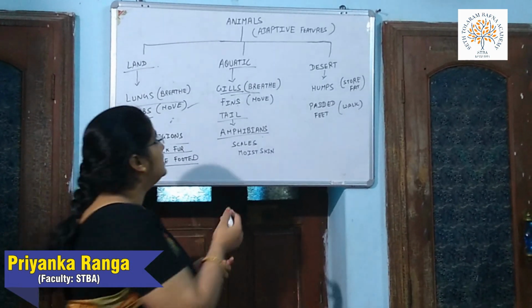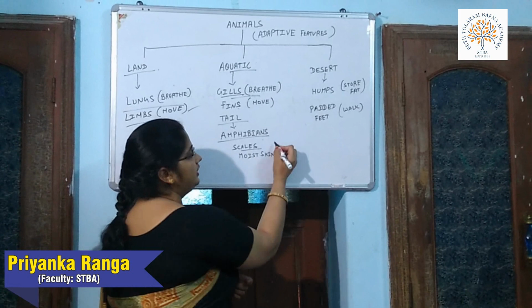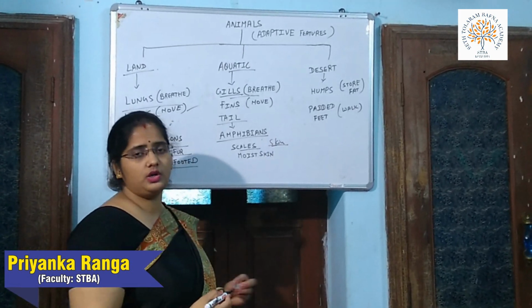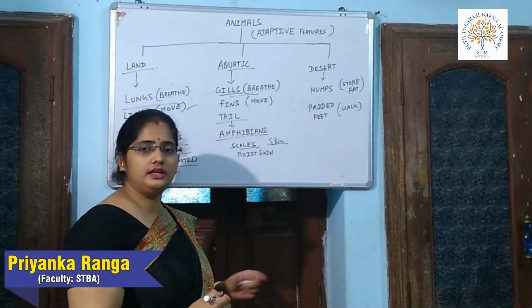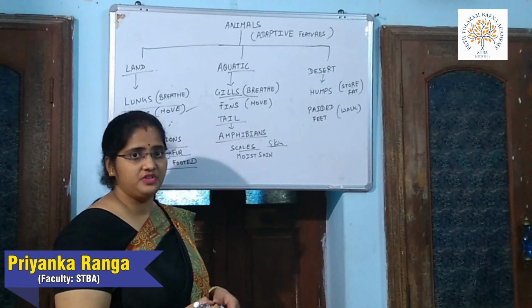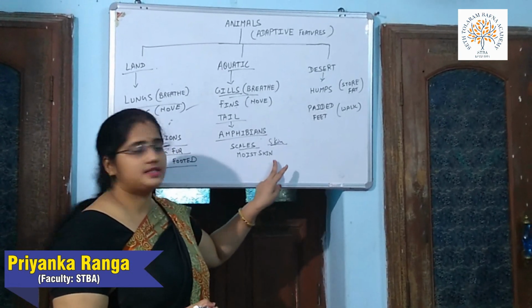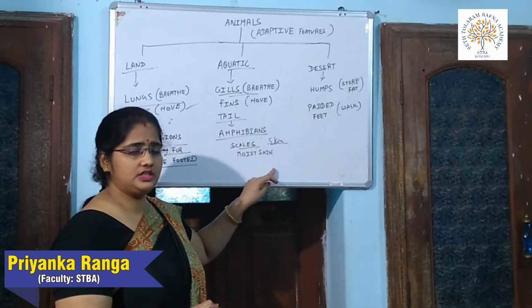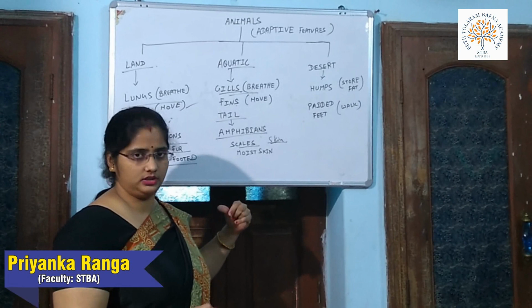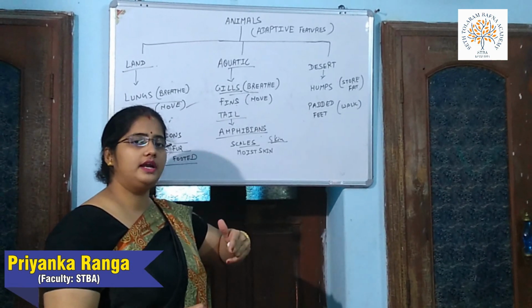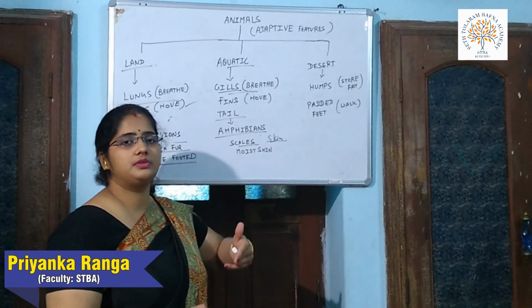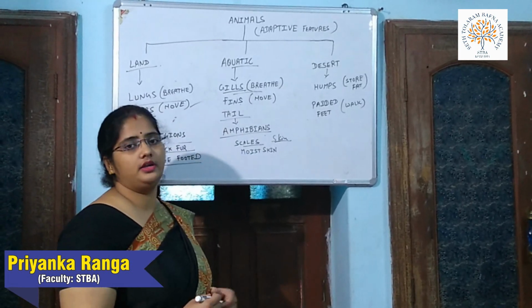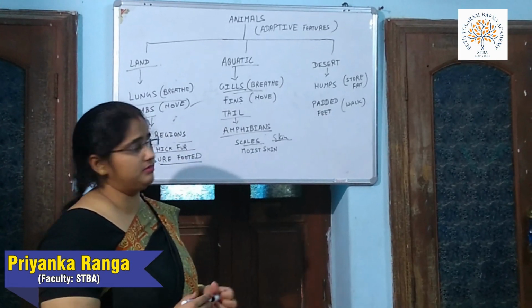They have special scales on their skin so that the frogs and the crocodiles can live both on land as well as in water. They have very moist skin so that they can breathe when they are in the water, and when they are on the land, they breathe through their lungs. So these are the adaptive features of aquatic animals.